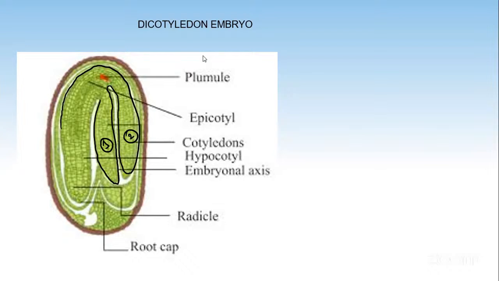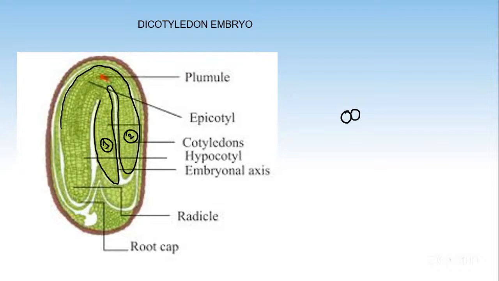How many of you have seen? If you open, you will see these two equal parts. Groundnut, at least have you seen groundnut? When you split it, you get two parts, right?